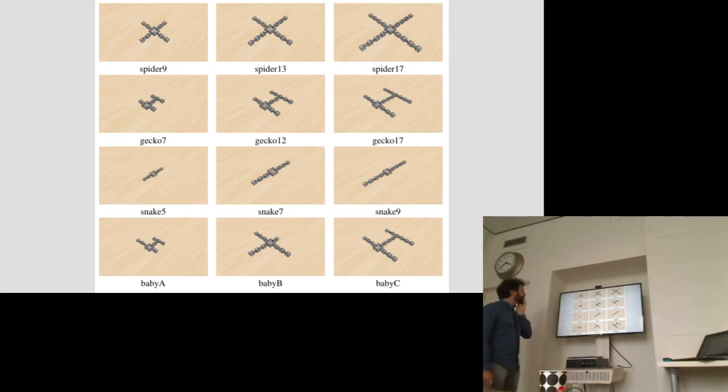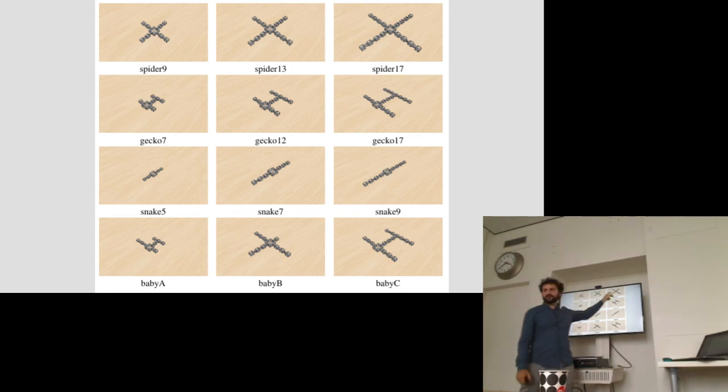These are the shapes. So we started with some basic shapes. These are our starting ones that we chose at the beginning: spider, gecko, and snake. These are our basic ones. They were inspired by nature. We needed to start somewhere. We could not start completely empty. And then we chose to have bigger versions to see what's the influence, like how big can we grow them and how much improvement we have.